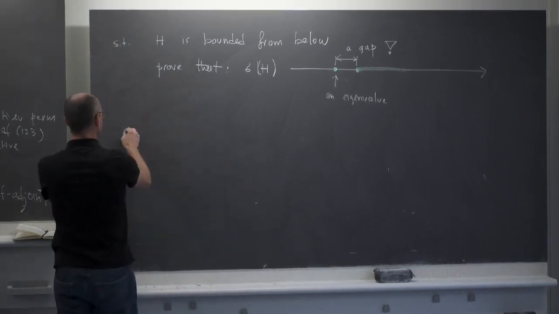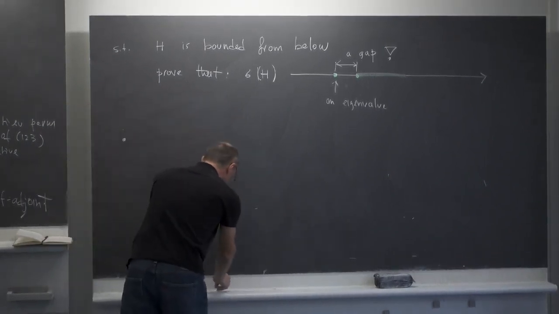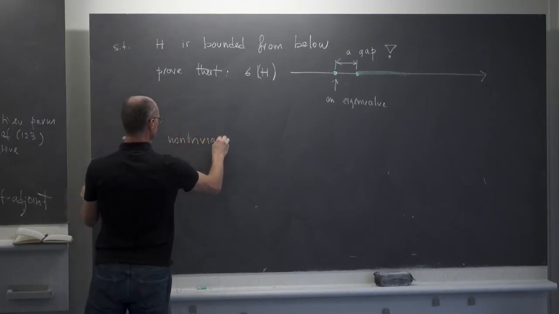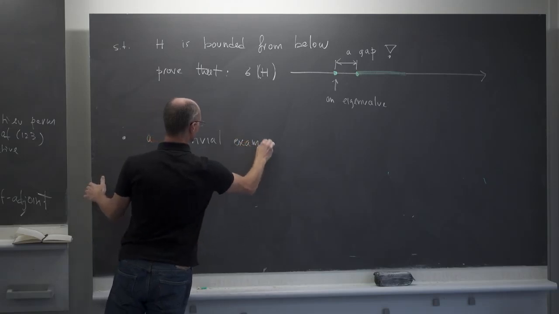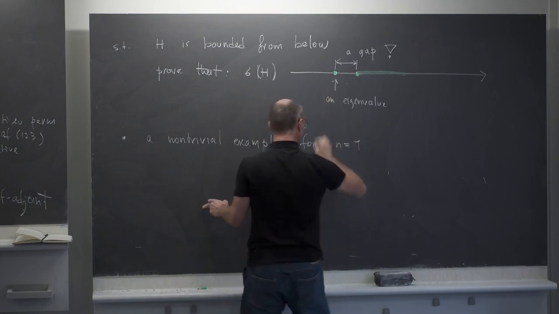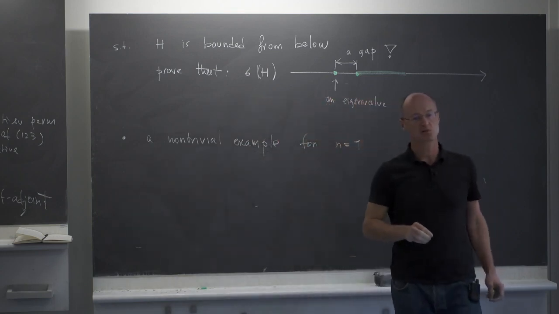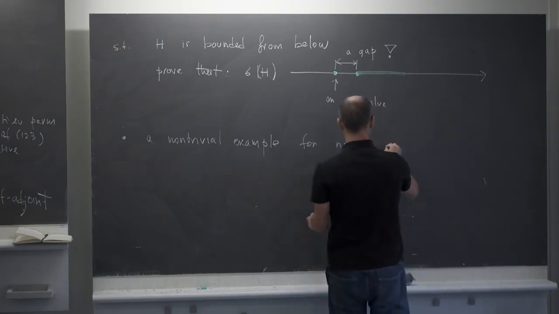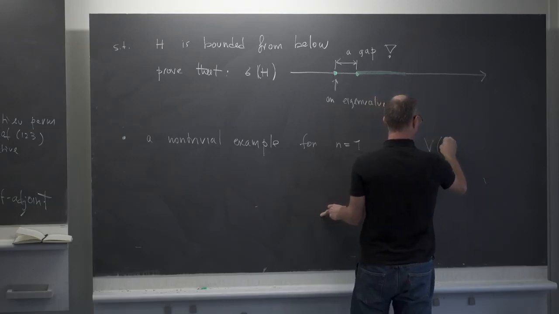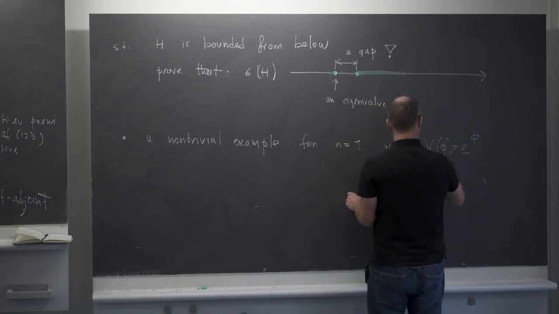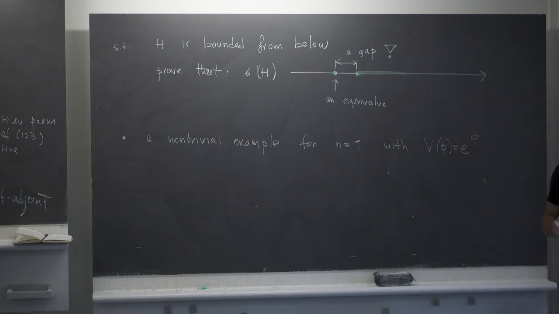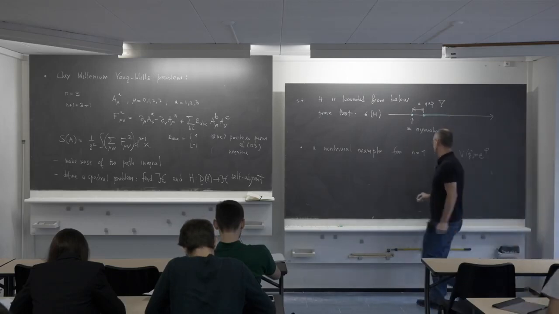Now, maybe the last remark. A non-trivial example for n equal 1, that is the 1 plus 1 dimensional field theory, with V of phi the exponential function. So actually, in the Taylor series, you have contributions of all degrees.